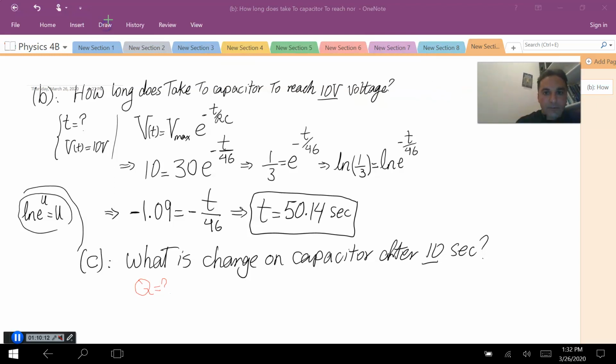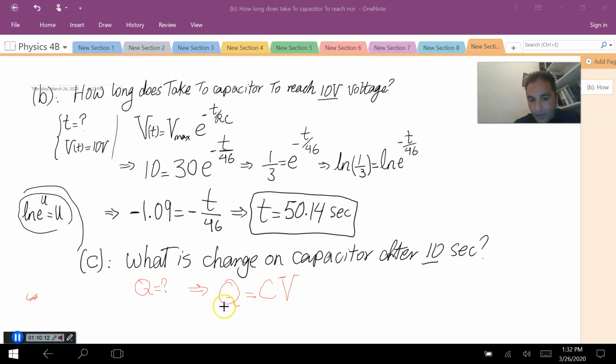Let me see, what is wrong? Okay, Q equal question mark. You know this equation. Q equal what? CV.